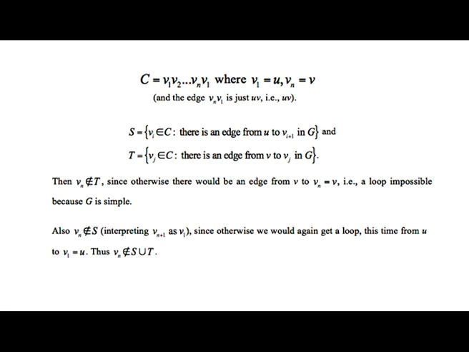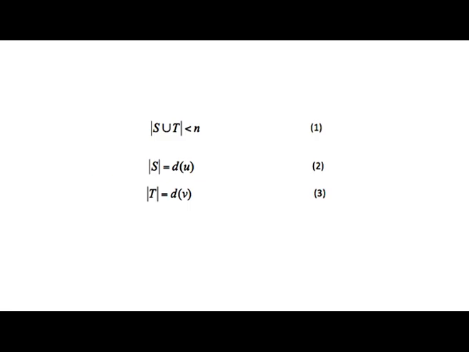Also, vn does not belong to S, interpreting vn+1 as v1, since otherwise we would again get a loop, this time from u to v1 equal to u. Thus, vn does not belong to S union T. Then the number of elements of S union T is less than n, equation 1.